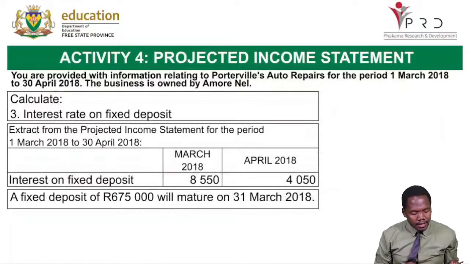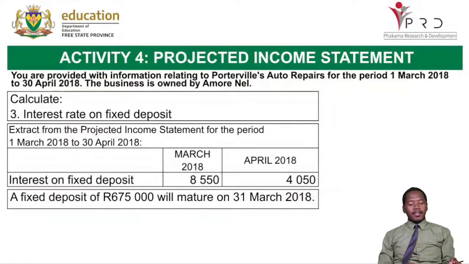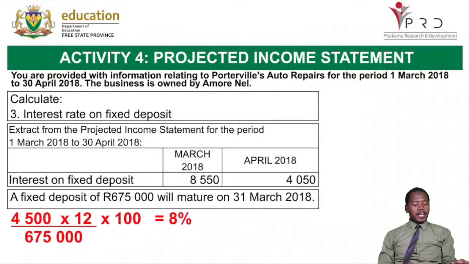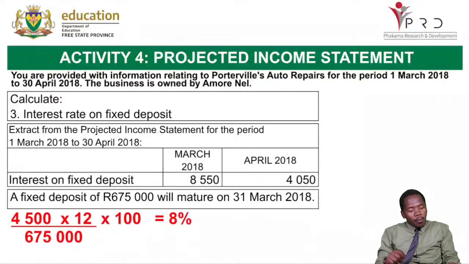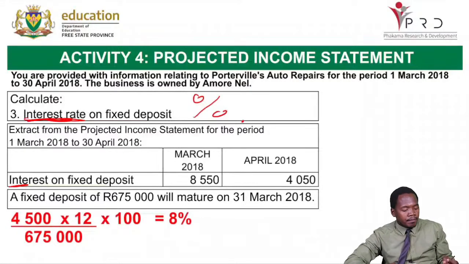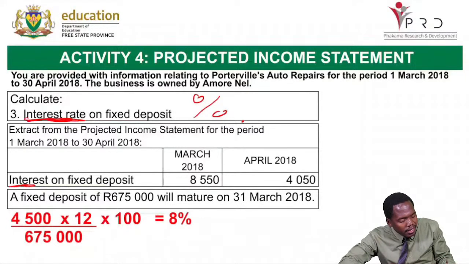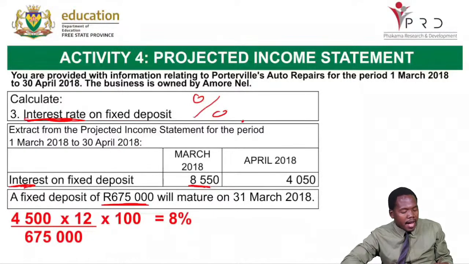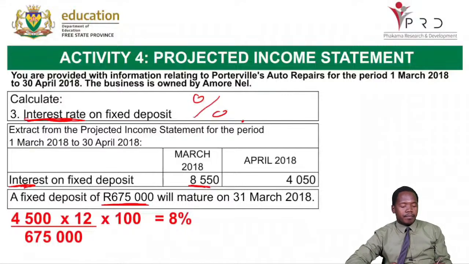Now the second one asks us to look for the interest on a fixed deposit. For the interest on fixed deposit, we are looking for the interest rate, meaning we are looking for the percentage. We are given the interest on fixed deposit, and we are told that the fixed deposit of 675 will mature.